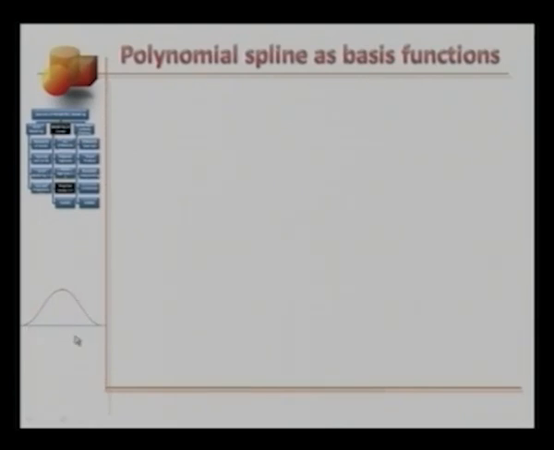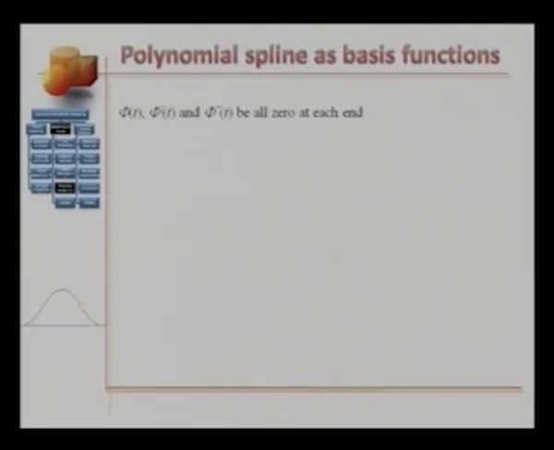Notice the end conditions here. The value of the spline would be 0 at these two ends. The slope may also be 0 at these two ends. And we can also think of making the curvature also 0 at the two ends.